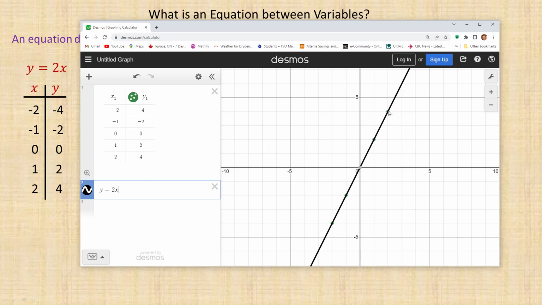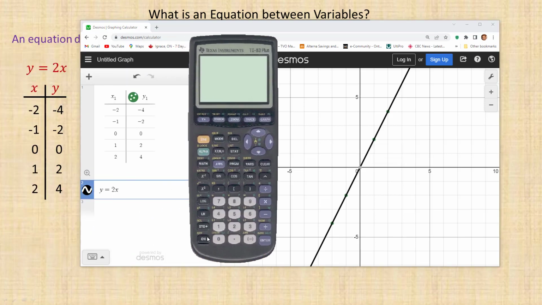See every point here, that's the point (2, 4), that's the point (1, 2). If I take another point on here, just a random point, let's say, okay, there's the point (0.5, 1). If I take my calculator and go 2 times 0.5, notice I do get 1.